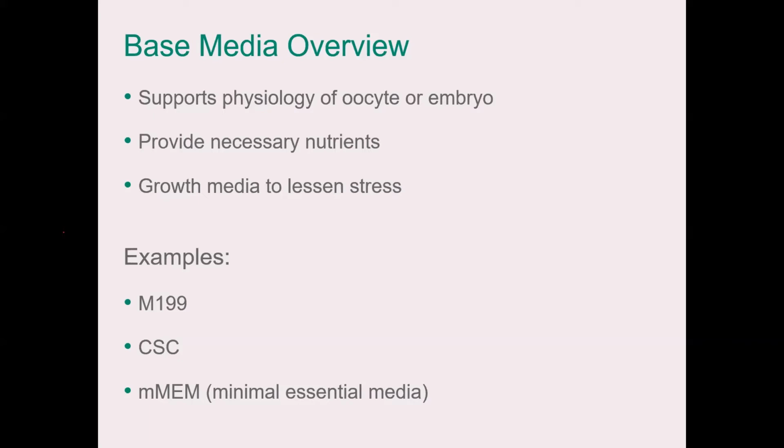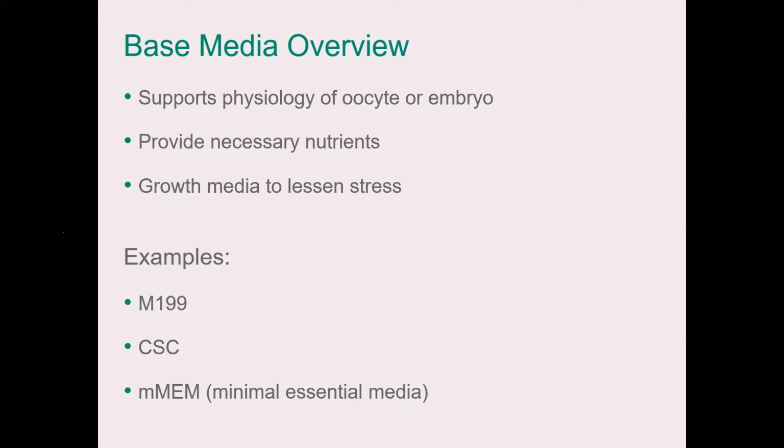Three examples are M199, CSC and the minimal essential media. There are many different kinds of media being used as a base for making vitrification media. What we expect from the media is just to support and to be suitable for use with embryos and oocytes.